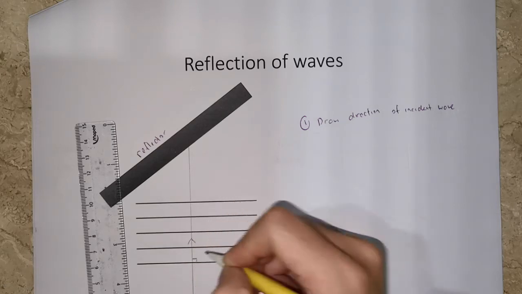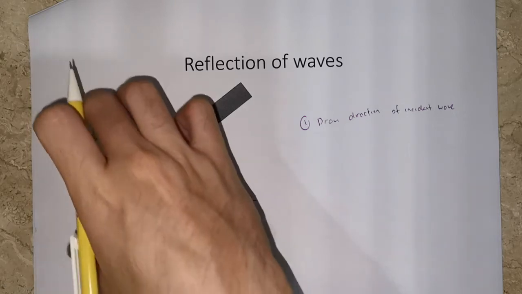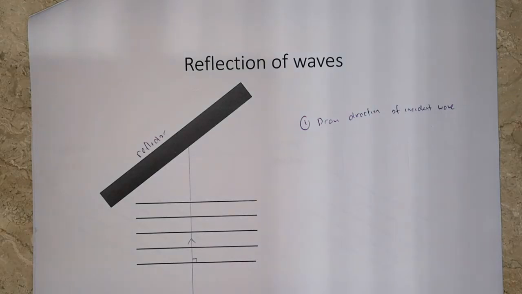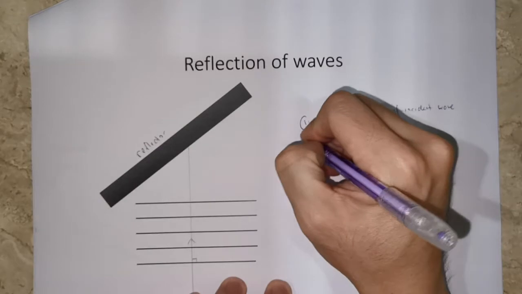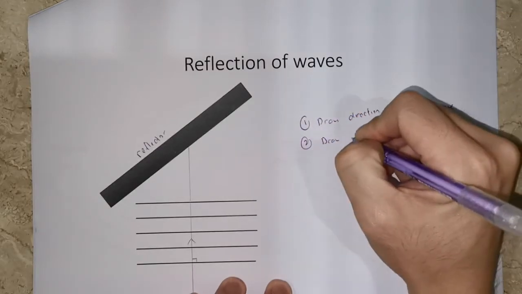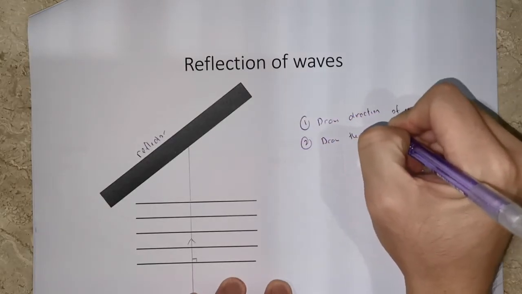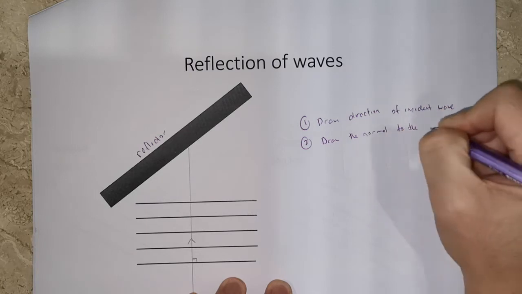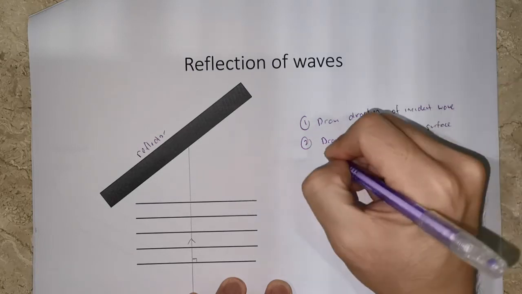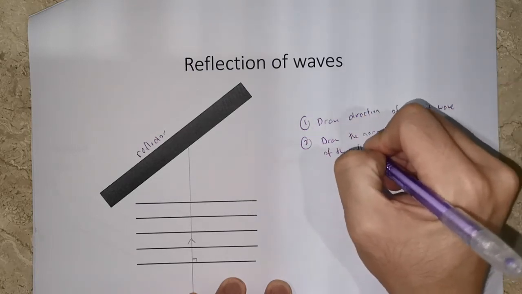This is 90 degrees, very crucial to be exact here. Step number two, draw the normal to the surface of the reflector.